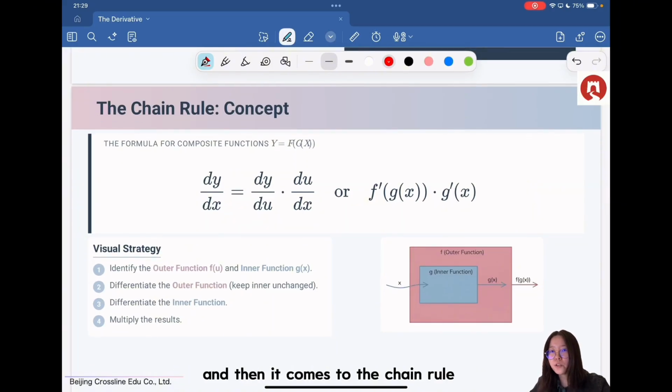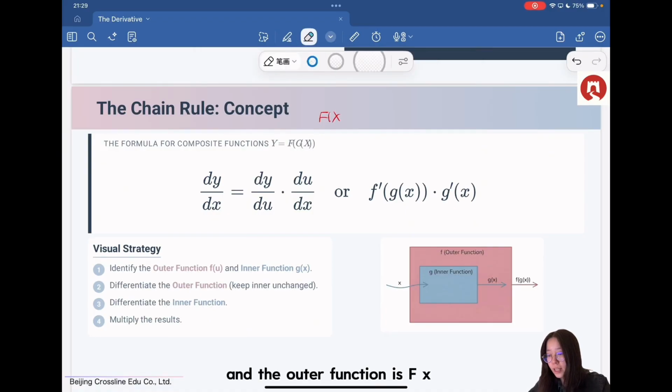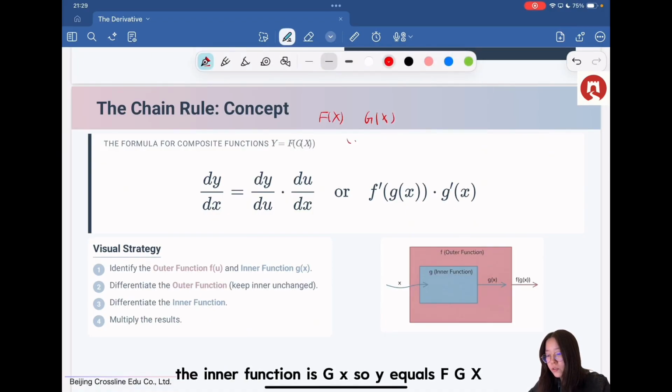And then it comes to the chain rule, which is used for the derivative of a composite function. For example, there is a composite function y, and the outer function is f of x. The inner function is g of x. So y equals f of g of x.